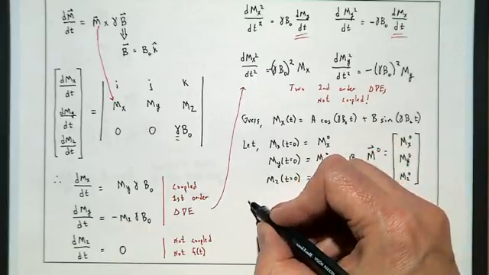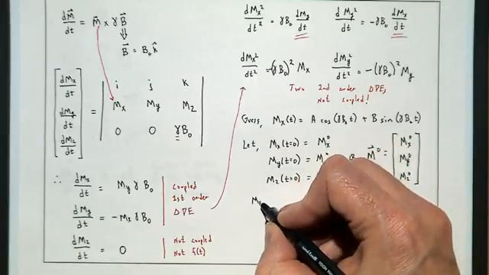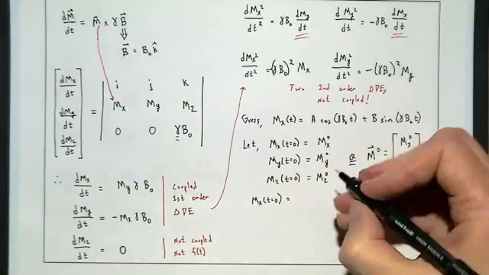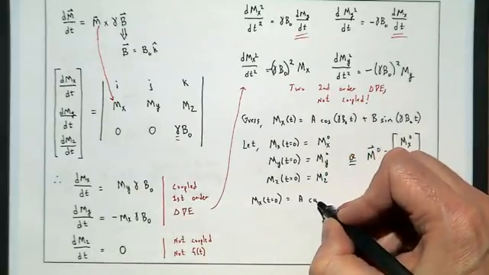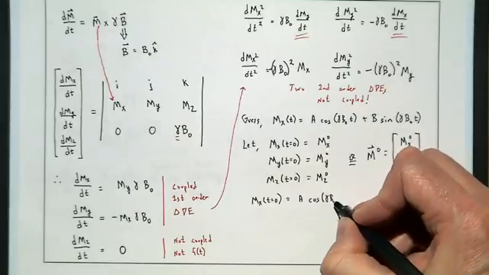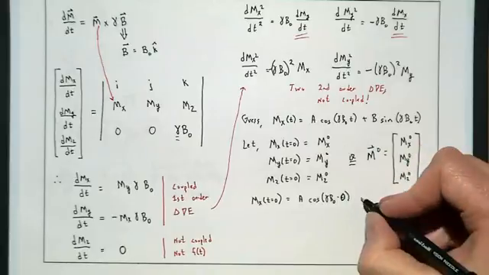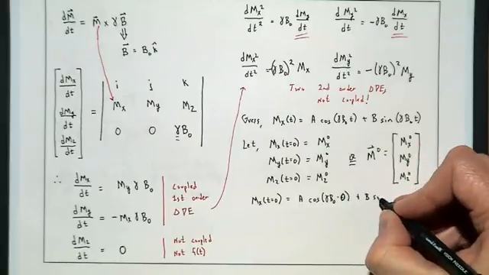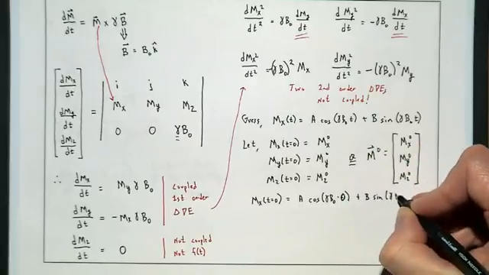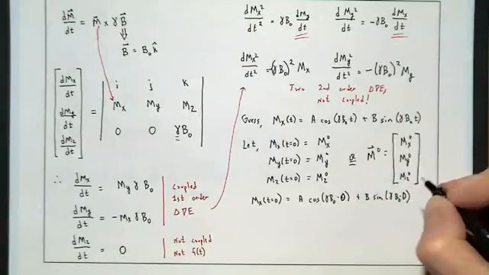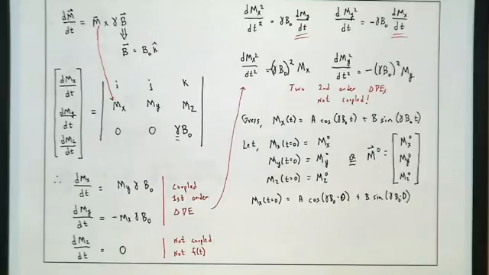So let's say mx at time t equals 0. If we use that expression, we have A cosine(gamma B0 times time), which is 0, plus B sine(gamma B0 times 0).